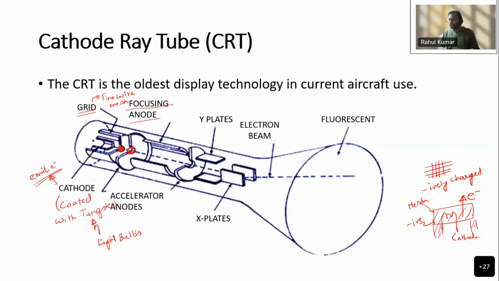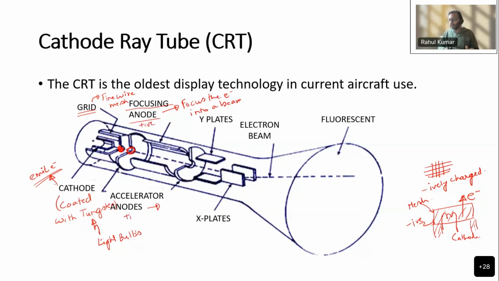Then you have the accelerator anode. The accelerator anode gives speed or acceleration to the beam of electrons. So the focusing anode focuses the electrons into a beam. Accelerator anodes are again positively charged.